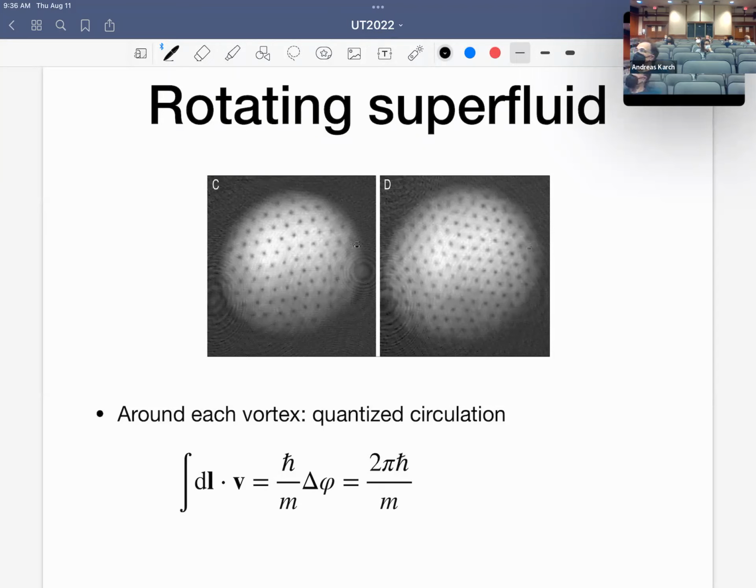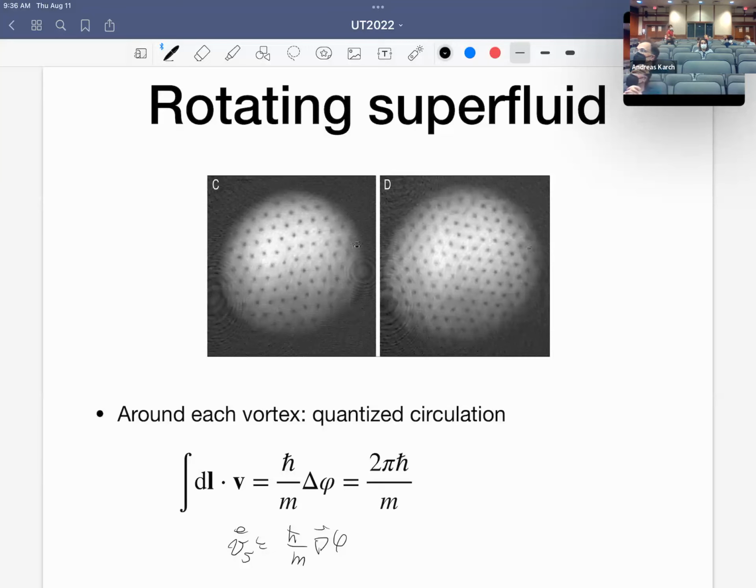The formula here is derived by noting that the superfluid velocity is h bar divided by m times the gradient of the superfluid phase. If you integrate the gradient of the superfluid phase around a vortex, you get 2 pi.